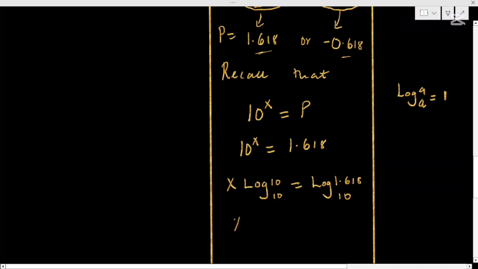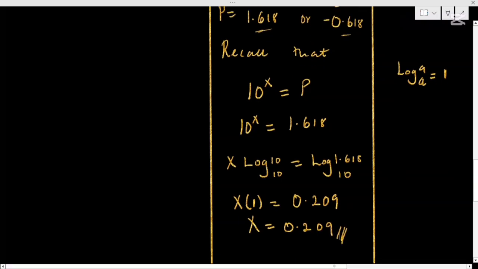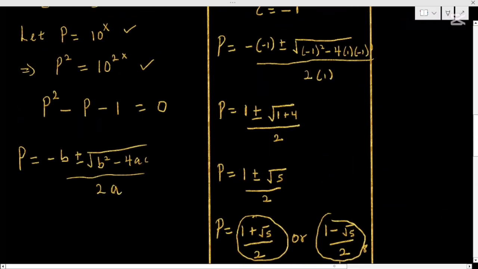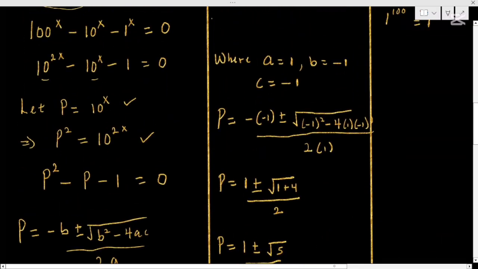So we have x times 1 equals the logarithm of 1.618, which gives us 0.209. So the value of x we are looking for is 0.209. And we can confirm if our answer is actually correct.